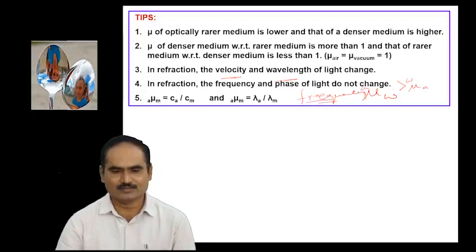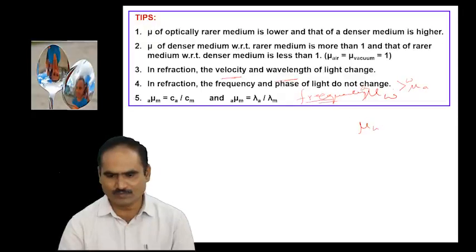So here, one more thing. The refractive index of a medium with respect to air can be written as the speed of light in air to the speed of light in the medium. Similarly, the refractive index of a medium with respect to air can be written as the wavelength of light in air to the wavelength in the medium. Right? So suppose I write here, mu W with respect to air is equal to VA by VW, right?